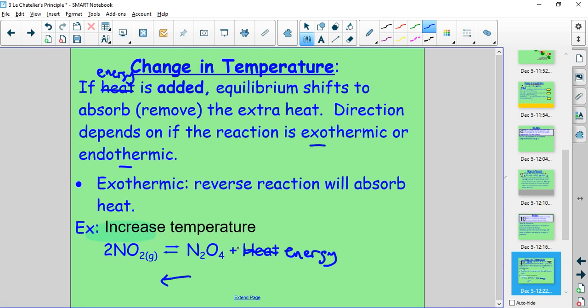Now, a trick that I'd like to share here is to treat energy or heat, sometimes it's mistakenly called heat, as you saw, as if it were a substance or a chemical, because it's actually not, but as if it were.